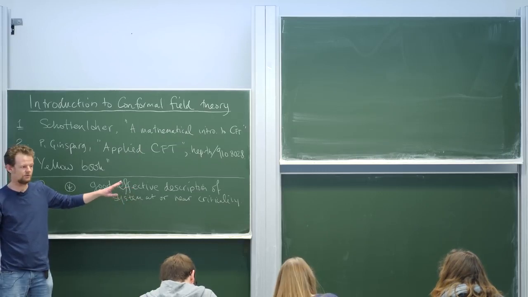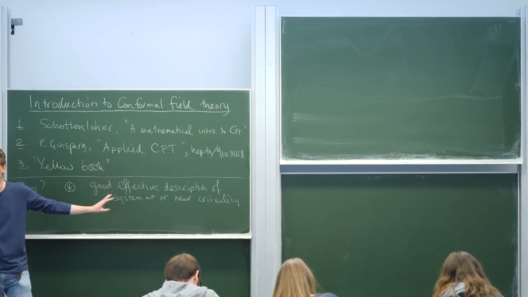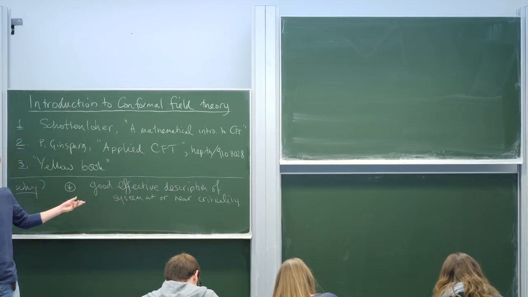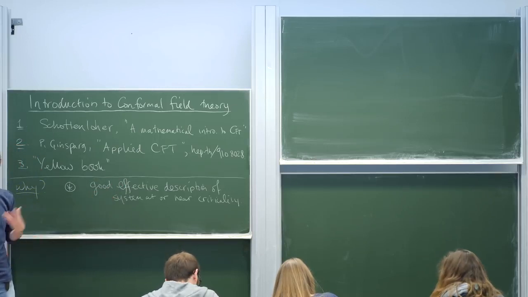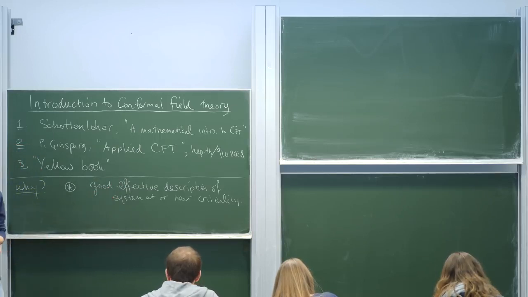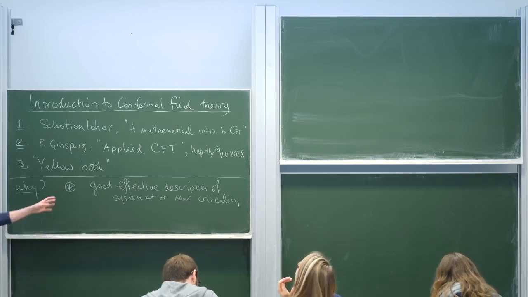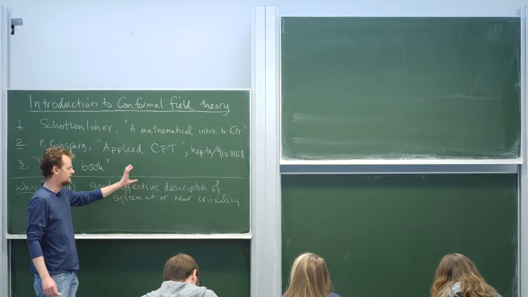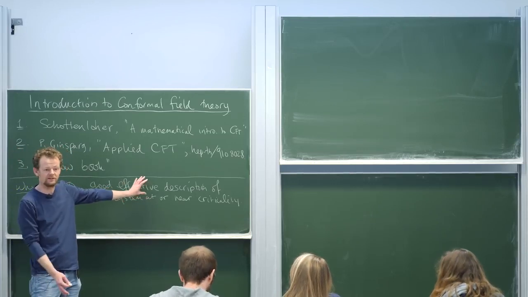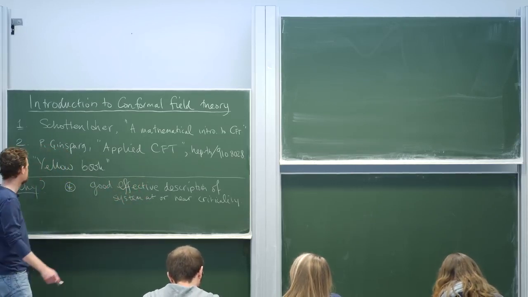That alone should be a reason to study this theory, because these systems are extremely interesting. They exhibit long-range correlations and scale invariance and a variety of other features that make them fascinating and yet very challenging to work with. So having some kind of effective description is extremely useful when trying to understand systems near phase transitions.